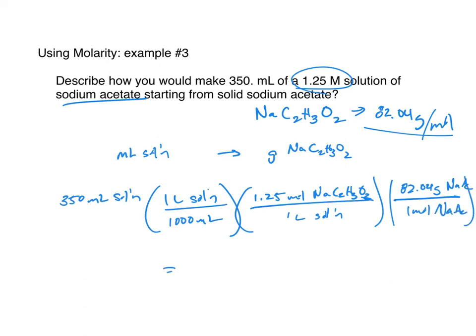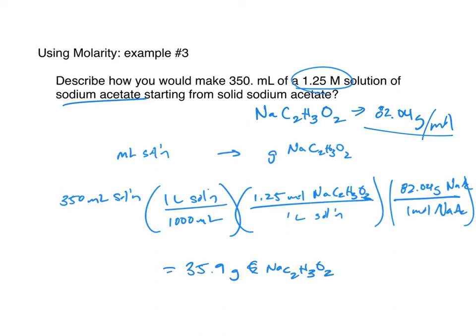When I put that in my calculator, 0.125 times 82.04, to 3 significant figures, that's 35.9 grams of sodium acetate. So to make my solution, I need to weigh out 35.9 grams of sodium acetate.